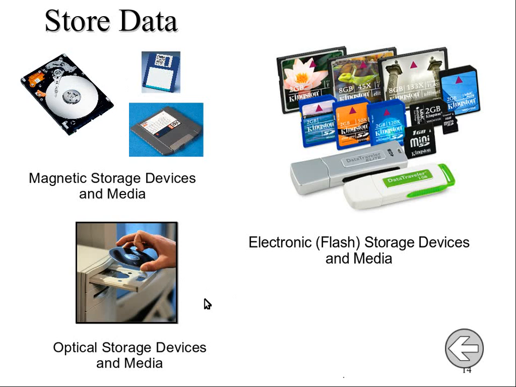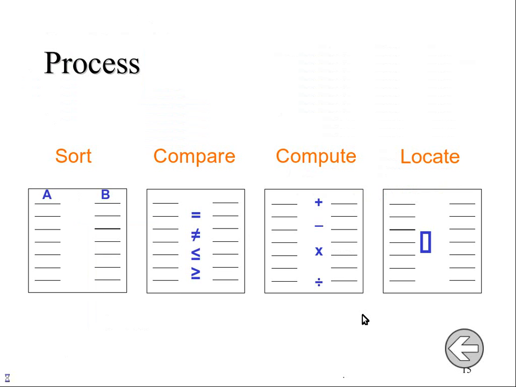Or optical storage, such as a CD-ROM or DVD-ROM. Or electronic storage, such as flash memory, such as these USB flash memories, or these flash memory cards, such as compact or SD flash cards. Those are all devices which we can store data in and retrieve it back again.